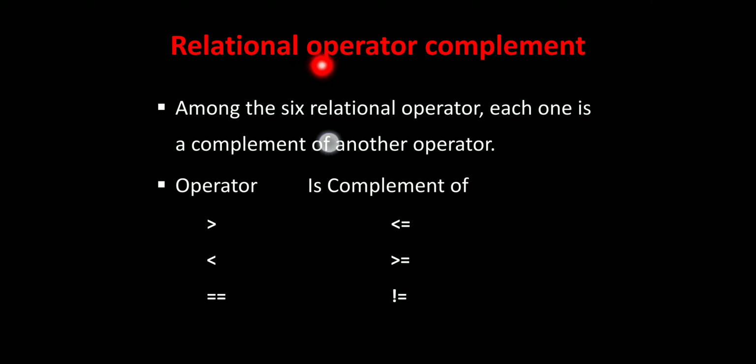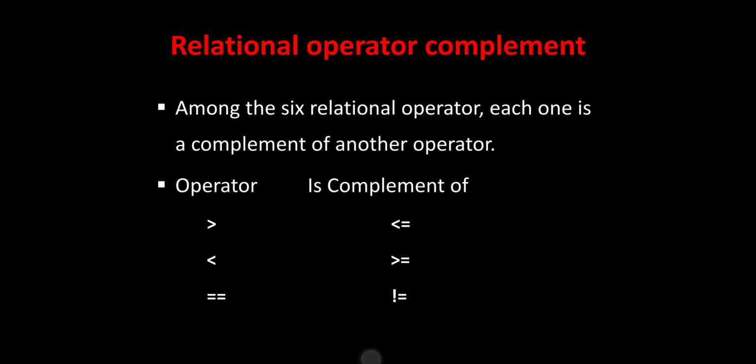Relational operators complement. Among the 6 relational operators, each one is the complement of another operator. Here, greater than is complemented with less than or equal to, less than is complemented with greater than or equal to, and equal to is complemented with not equal to.